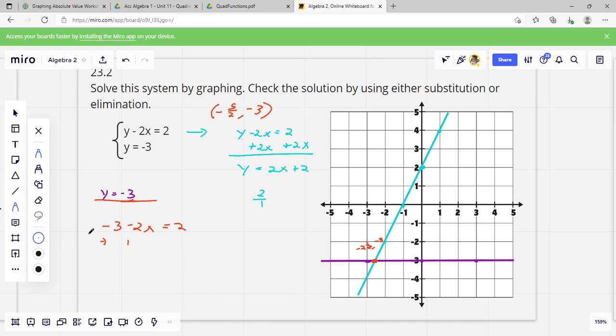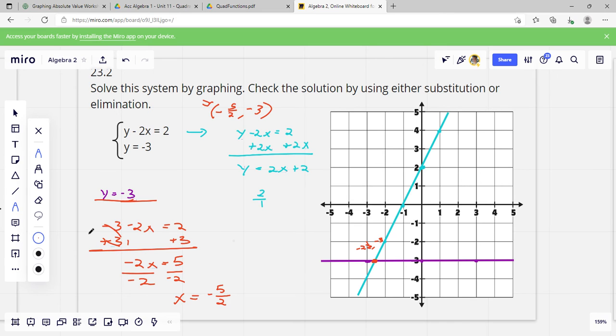Let's see, plus 3. Negative 2x equals 5 divided by negative 2. And I get x equals negative 5 over 2. And that's exactly what I said right there. X is 5 over 2.